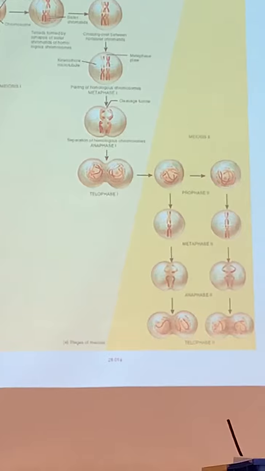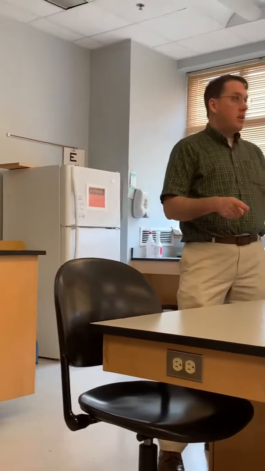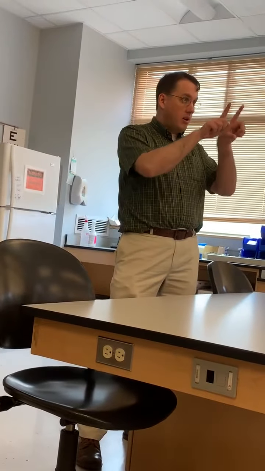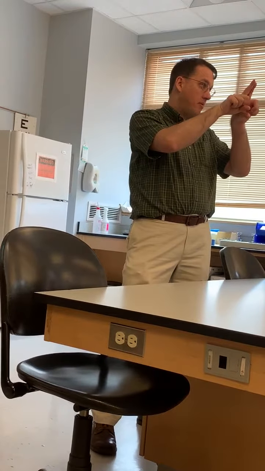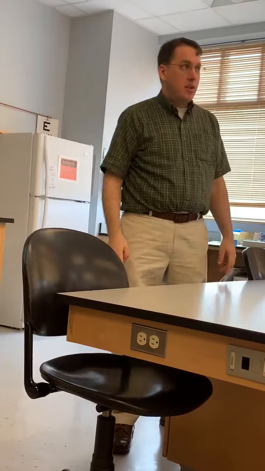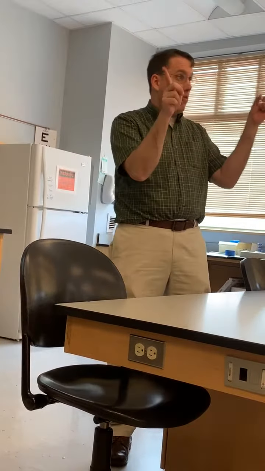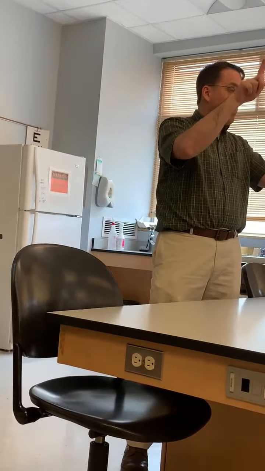So that you ended up with 92 strands consisting of 46, each one attached to a copy of itself. All right? And then you would split those apart, those were called the chromatids, and then you would split them apart to produce, once again, 2 cells with 46 strands or 23 pairs.